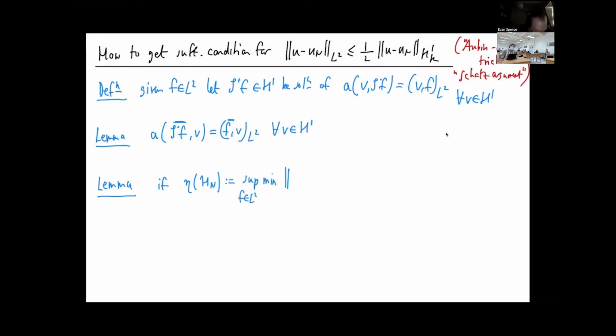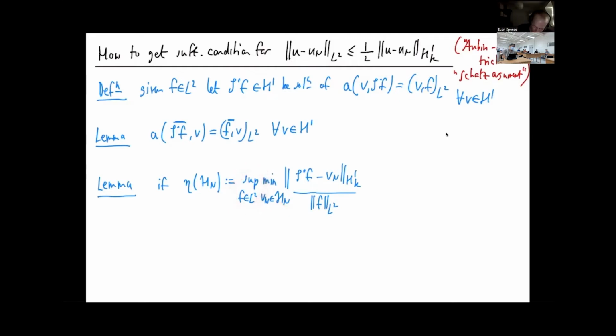Let me write the definition up, and then we can talk about it. I've got S star f minus vn in the H1K norm, minimizing over elements vn in the finite dimensional space, and taking the sup over all data f in L2.